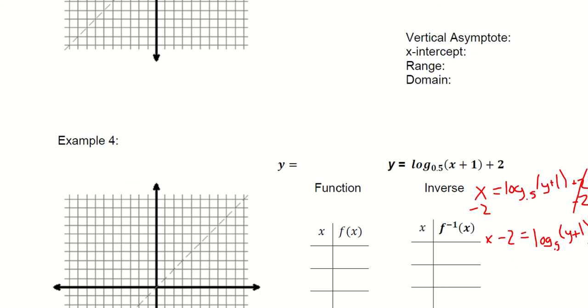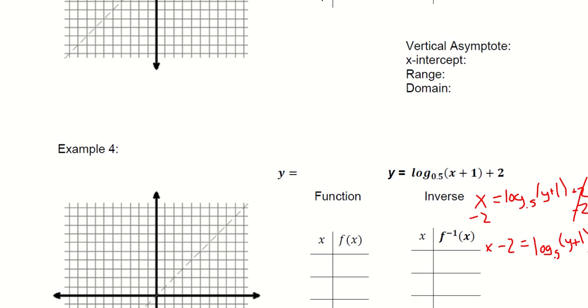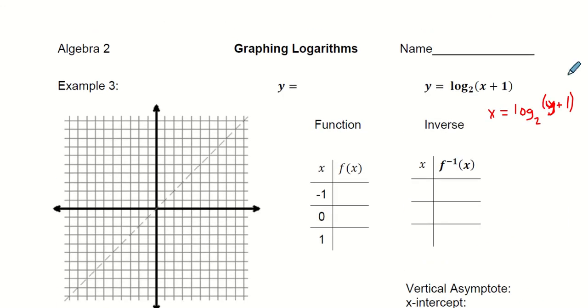Okay, but I'm not going to finish that, but I did want you to at least see that there. But this is more like the problem you're going to have to do. So the first thing I did was switch the x and y, and then I rewrite it. 2 to the x power equals y plus 1.